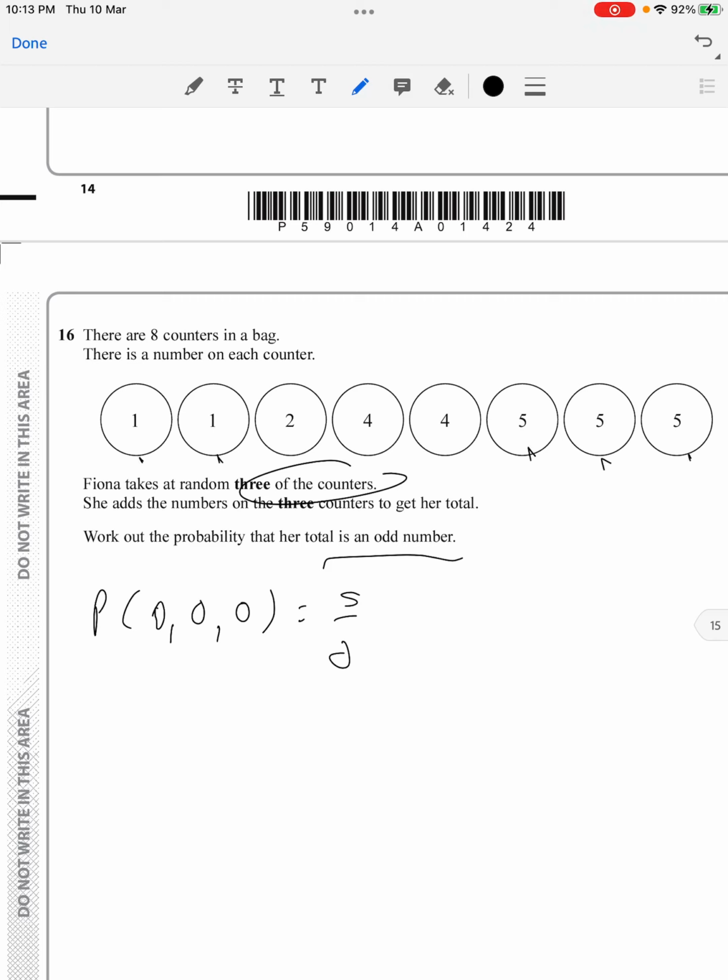So 5 out of a total of 8 counters. Then once you remove them, you get 4 times 7 multiplied by 3 times 6. Okay, so you have 4 multiplied by that, so you get 5 divided by 28.